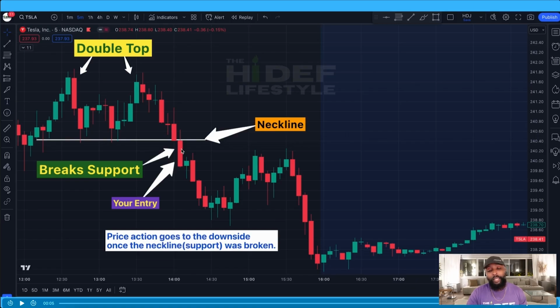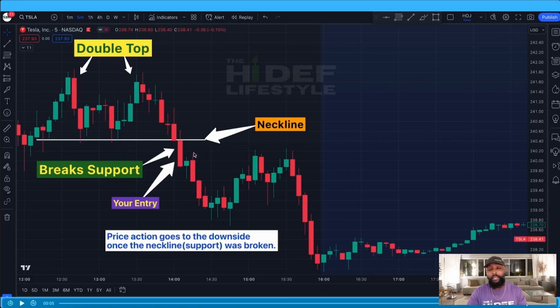So you can take an entry for put option contracts when you see this candle form. Or some traders, what they'll do is they'll wait for a retest of the neckline. So they'll wait for price action to come back up to the neckline and then reject to the downside. So it just depends on what you want to do and how safe you actually want to play it.